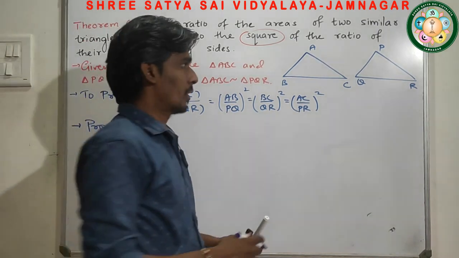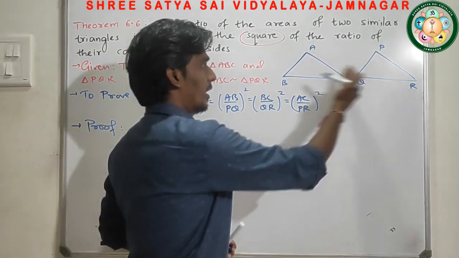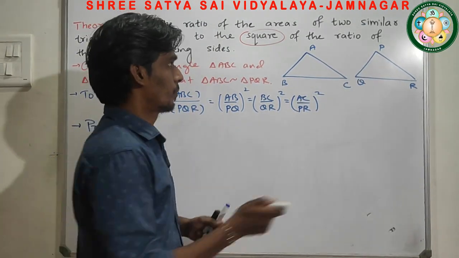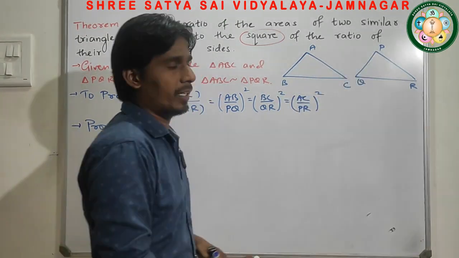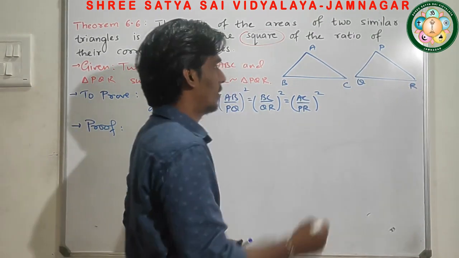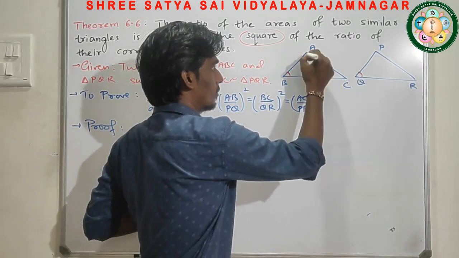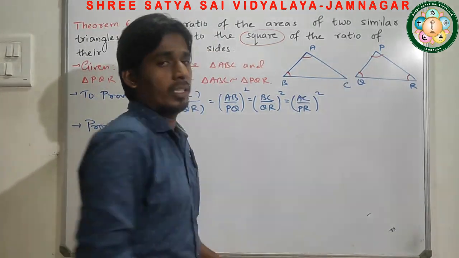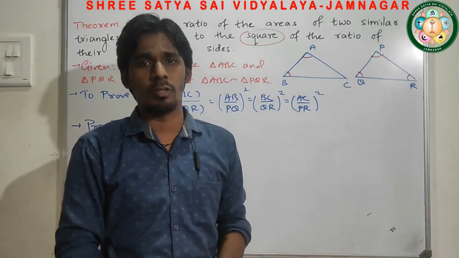Before starting the proof, we know two conditions. If two triangles are similar, definitely the corresponding angles are equal. This angle A is equal to angle P, angle B is equal to angle Q, and angle C is equal to angle R, because the triangles are similar. Now the ratio of the corresponding sides is also equal.